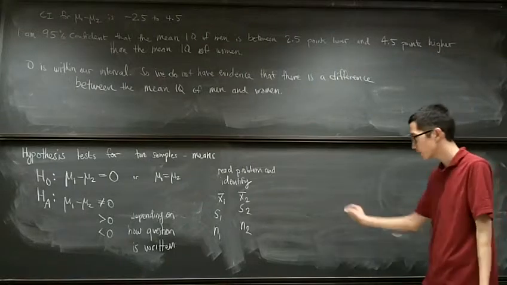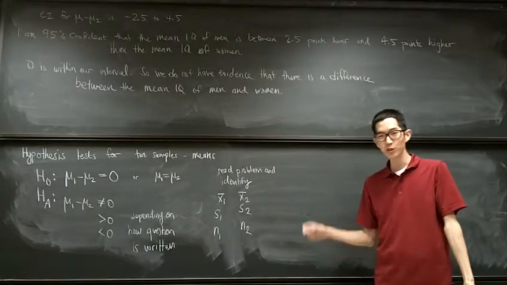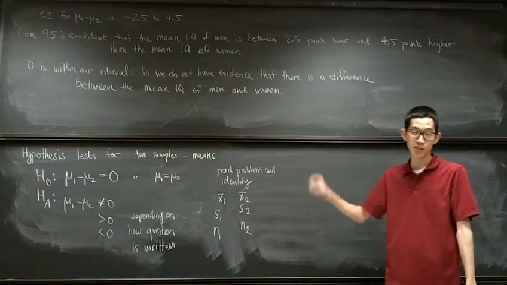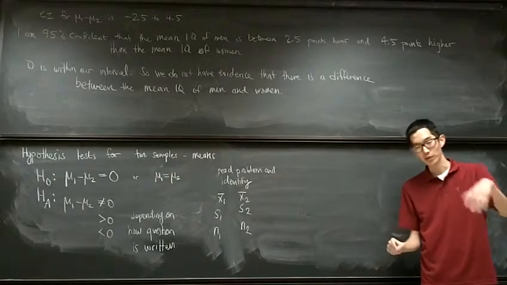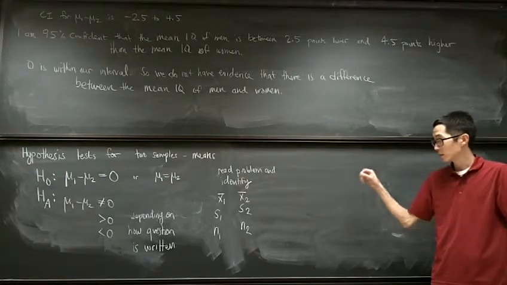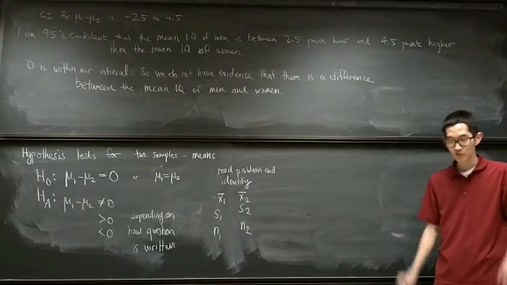When you read the problem, make sure you can properly say this one is x bar 1, and this one is s1, and this one is n1, or whatever. Do that, you're in good shape.